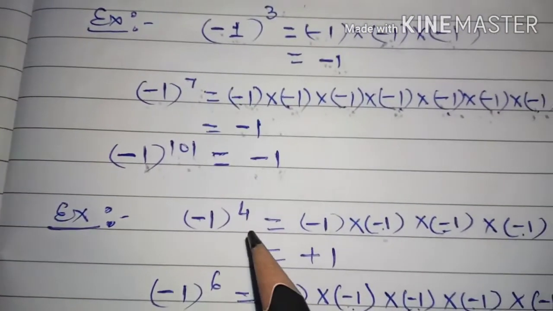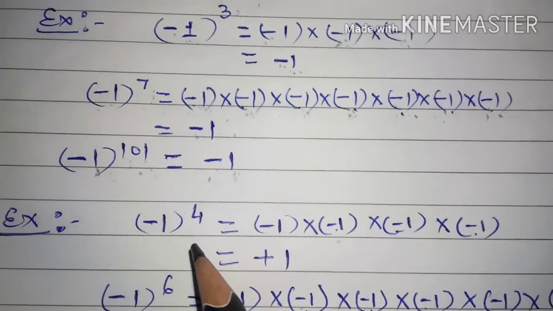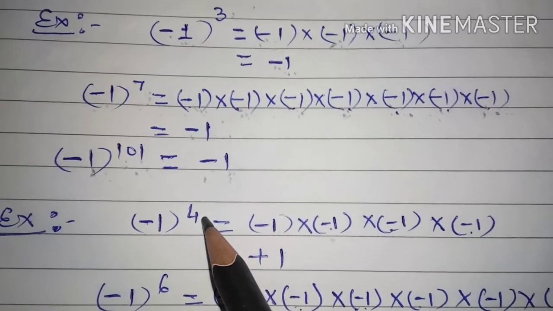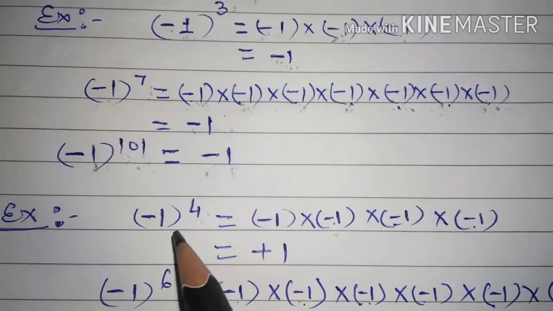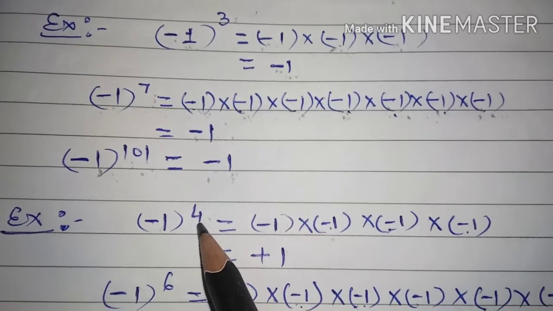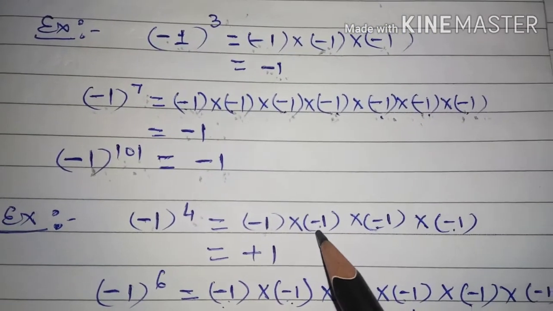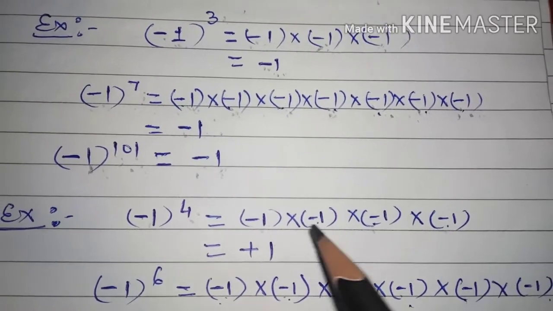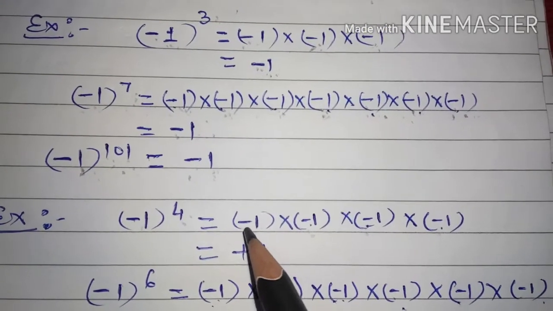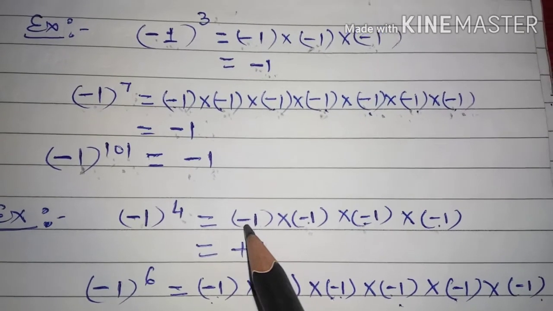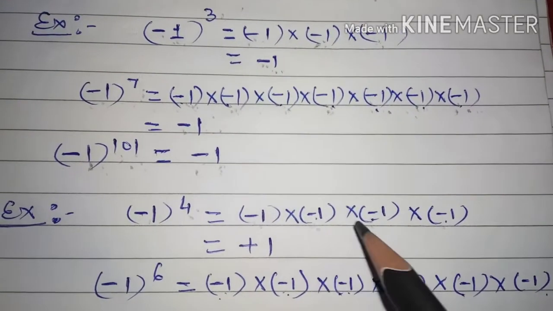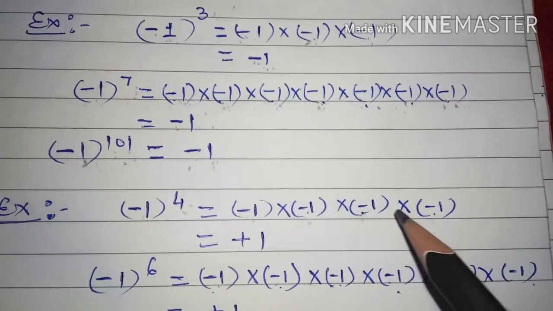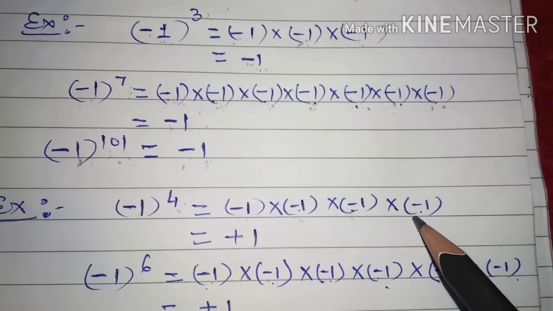Now we can take the case when the power is an even number, when the exponent is even. So minus 1 whole power 4 equals minus 1 into minus 1 into minus 1 into minus 1, 4 times. Again we can see the multiplication of signs, minus into minus, plus, plus into minus, minus, minus into minus, plus.